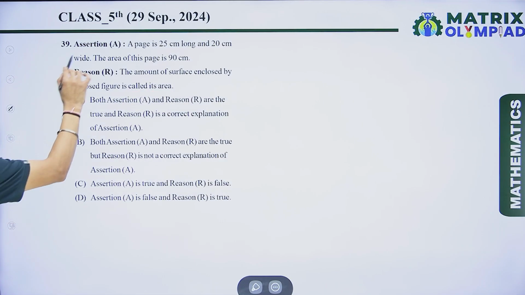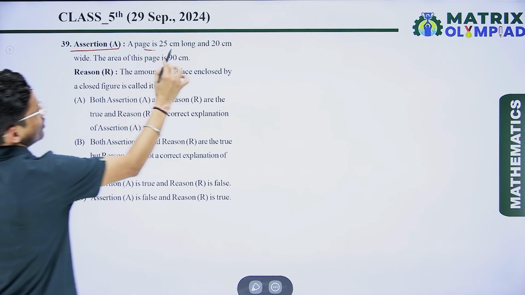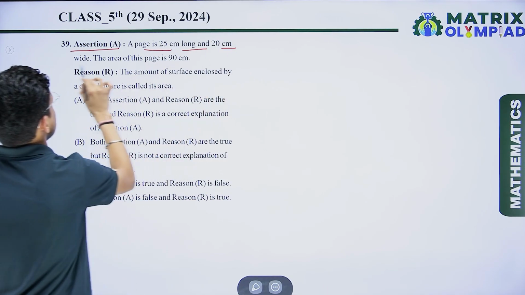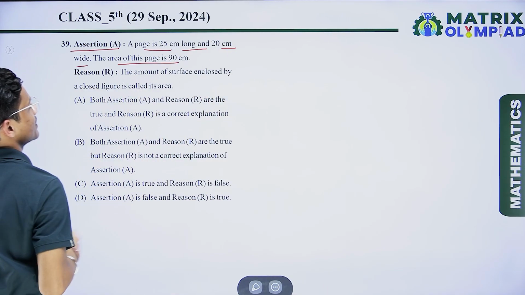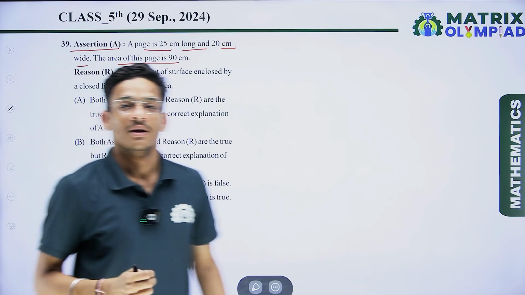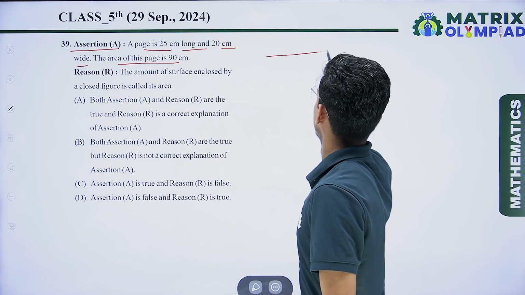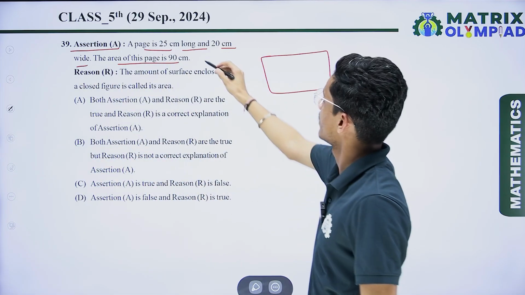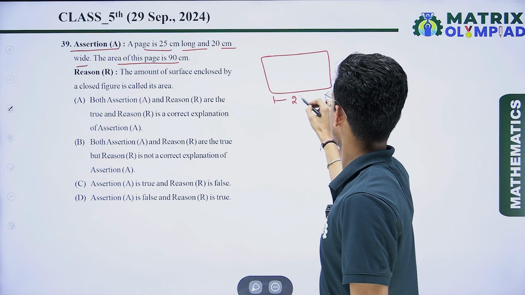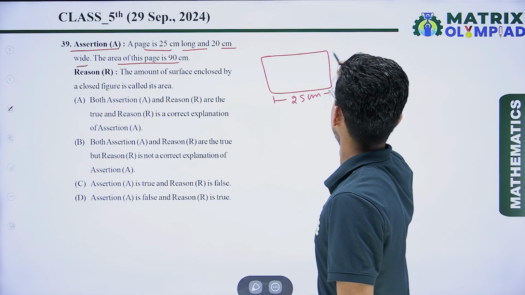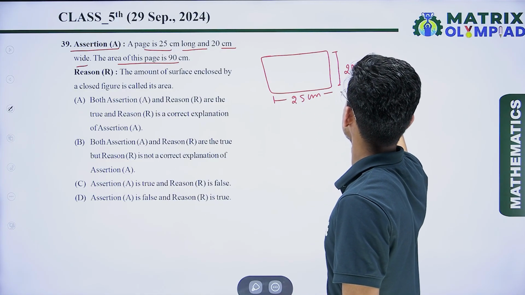Now next question is that assertion: a page is 25 centimeter long and 20 centimeter wide. The area of this page is 90 centimeter. So here we have a page in the form of a rectangle, and here we have given length, that is 25 centimeter, and breadth, that is 20 centimeter.